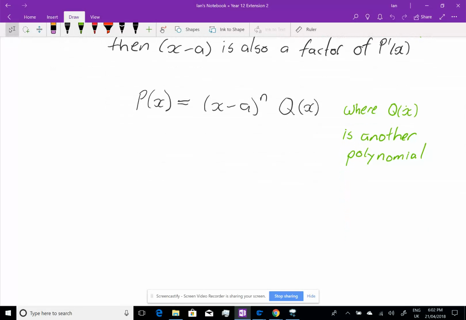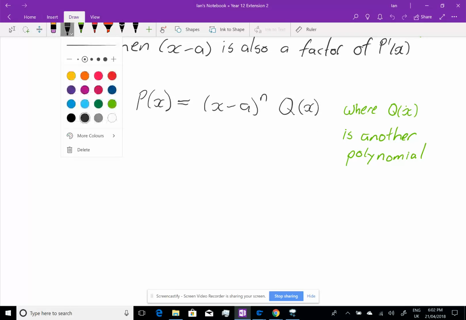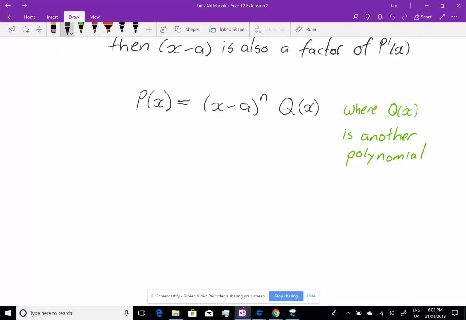Okay, well, how do we prove that it's going to be a factor of p dash of x? Well, for p dash of x, we've got two functions, so we're just going to use the product rule. The product rule is the first times the derivative of the second, just q dash of x, plus the second, q of x, times the derivative of the first.